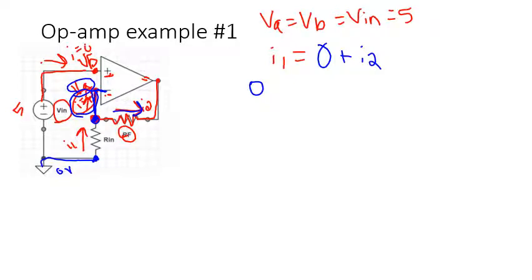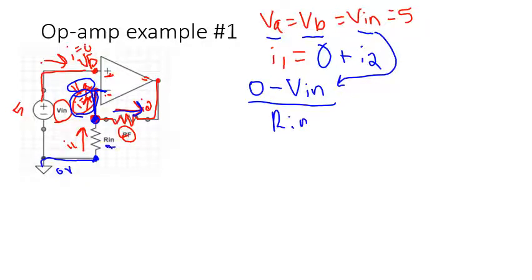VA, we said, was equal to VB, which is equal to my voltage input, so I'm going to write it as VN. Over what resistance? That resistor is called RN here. That's how I write I1, and that equation has to equal I2.